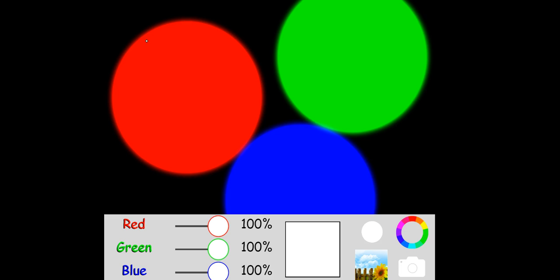Well, when yellow light gets in your eyes, it triggers the red a little bit and it triggers the green a little bit, because yellow is in between the red and the green in the spectrum. And therefore, when you see yellow, both the red and the green cones are being triggered. Your brain sees that as yellow.